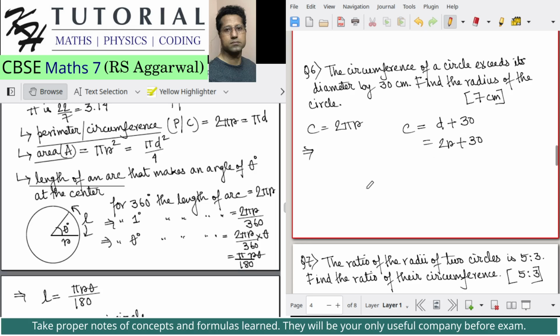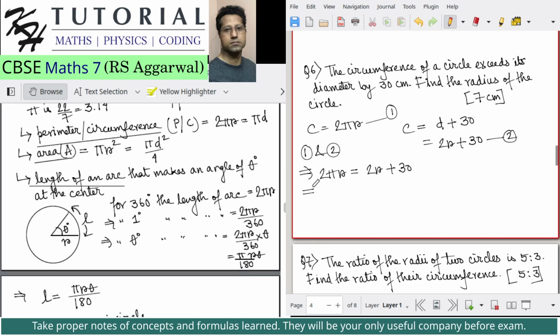Okay. So now we have two equations. C is equal to 2 pi r and C is also equal to 2r plus 30. From equation 1 and 2, we must have 2 pi r equal to 2r plus 30. So this is a linear equation in r.